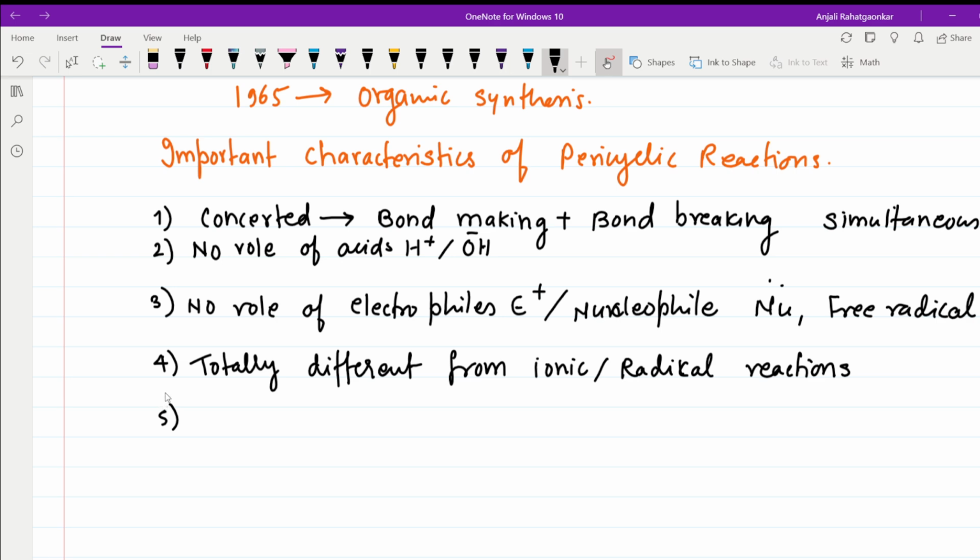Please remember, this is also an important point to be noted. Another most important characteristic is that the polarity of the solvent does not affect the rate of reaction.